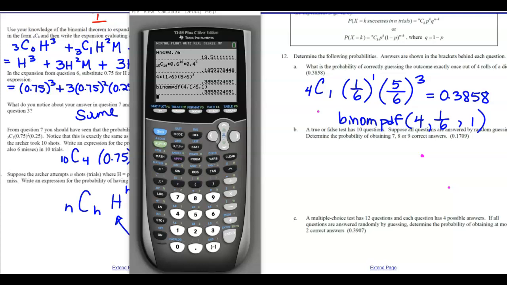Okay, true or false test has 10 questions. Suppose all questions are answered by random guessing. Determine the probability of obtaining 7, 8, or 9 correct answers. So this is the probability of exactly 7, exactly 8, exactly 9.